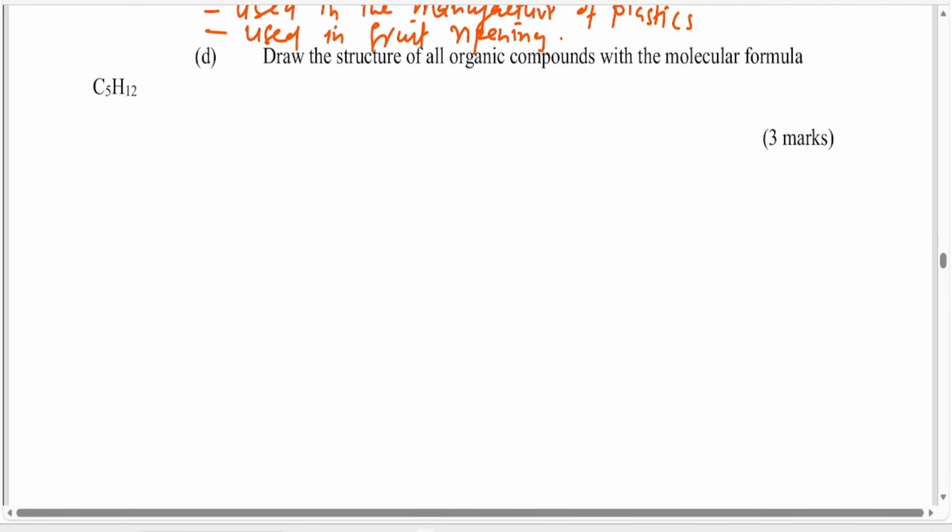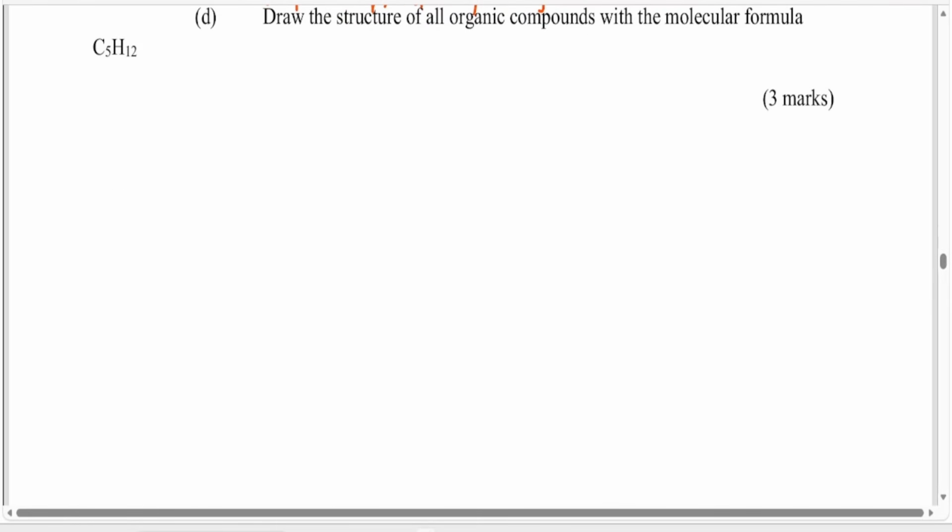Part D of this question. Draw the structure of all organic compounds with molecular formula C5H12. So when you're given this kind of a question, just begin by having the first compound with a straight chain. So the first one we have 1, 2, 3, 4, 5.